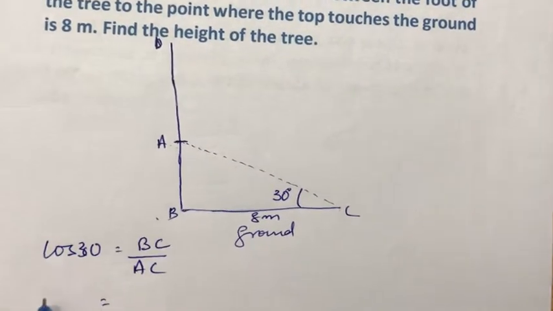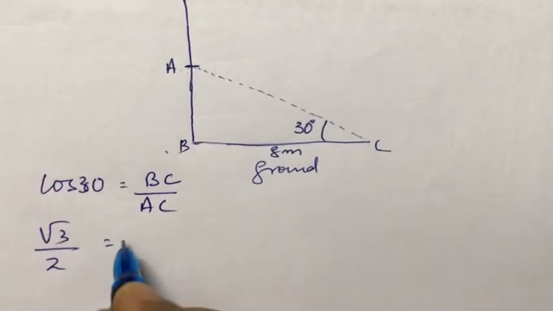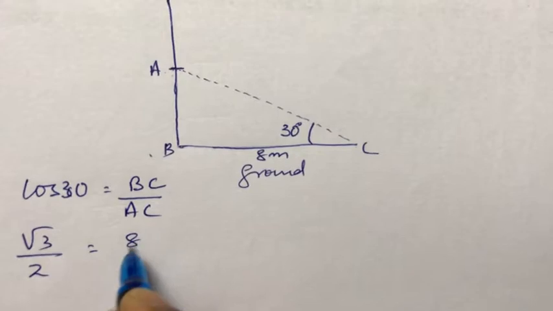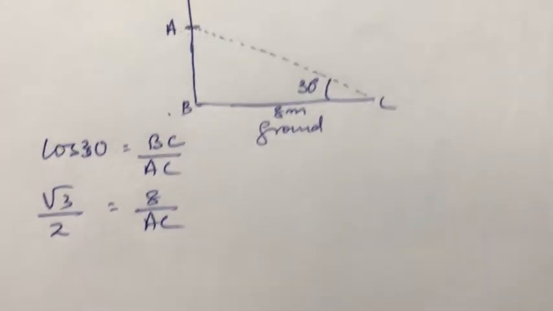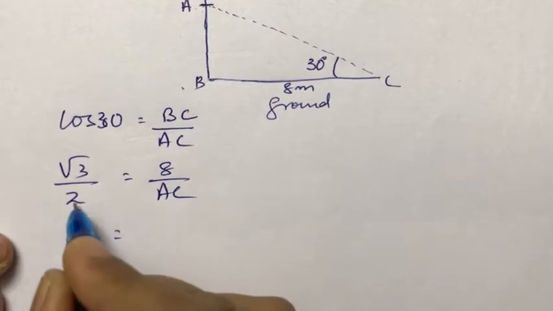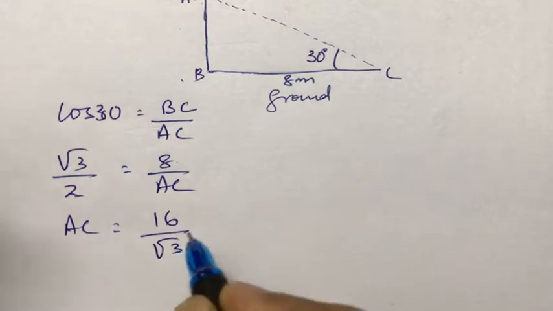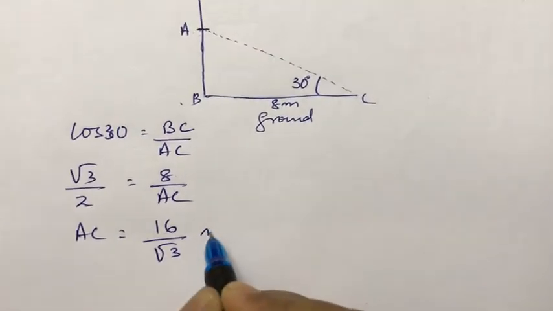Okay, what is cos 30? It is root 3 by 2. What is BC? BC is 8 by AC. So I can write that AC is equal to 16 by root 3 meters.